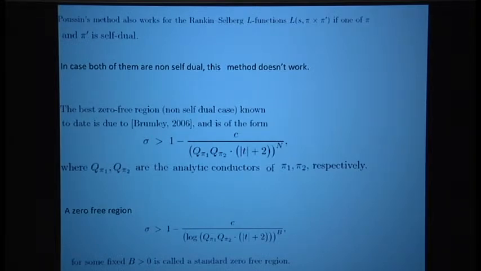Rankin-Selberg L functions? For Rankin-Selberg L functions, if pi or pi prime is self-dual, then this method still works, and we have a zero-free region for such Rankin-Selberg L functions.